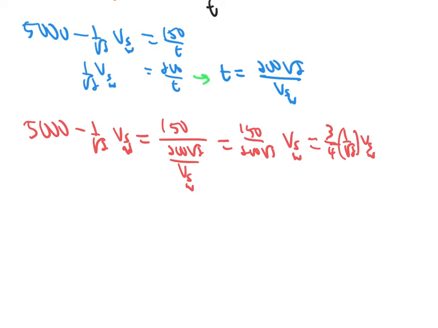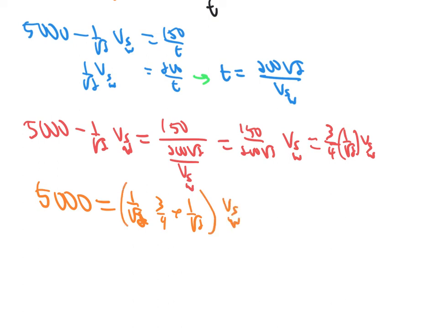We bring that over and we get 5,000 equals 1 over root 2 times 3/4 plus 1 over root 2, all times the thing I'm looking for. So we can think of that as 1 over root 2 times 3/4 plus 1, times the thing I'm looking for.